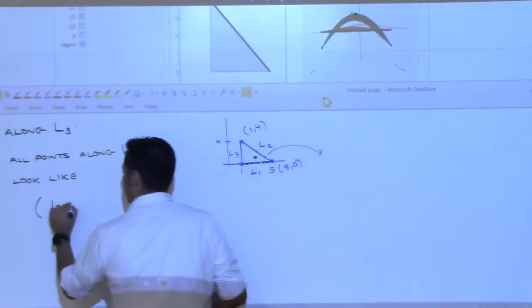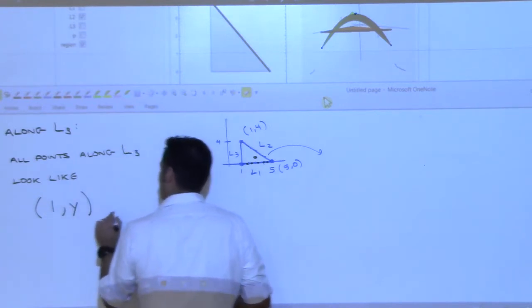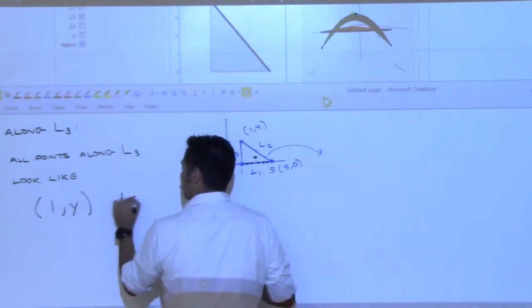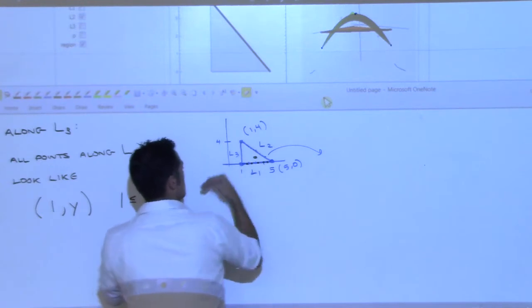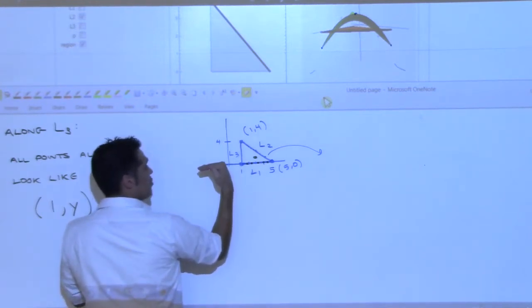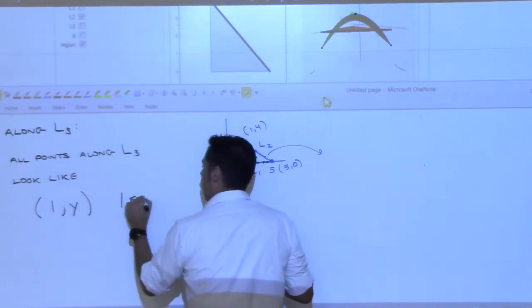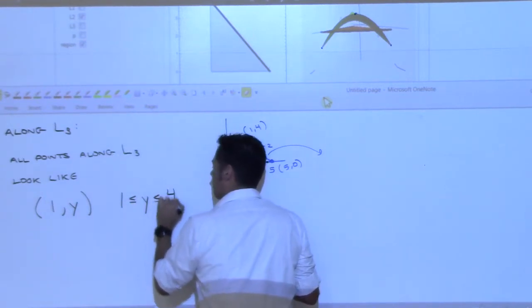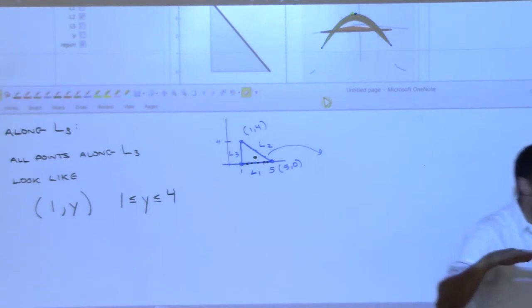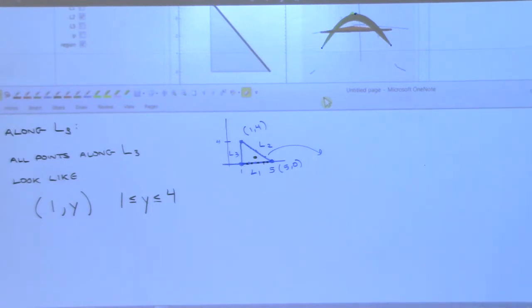So y is free to be y. And we do have a restriction that y must be between, careful, it's the y-coordinate, so between 0 and 4. See the difference there? I'm looking at the y-coordinate as opposed to the x-coordinate.